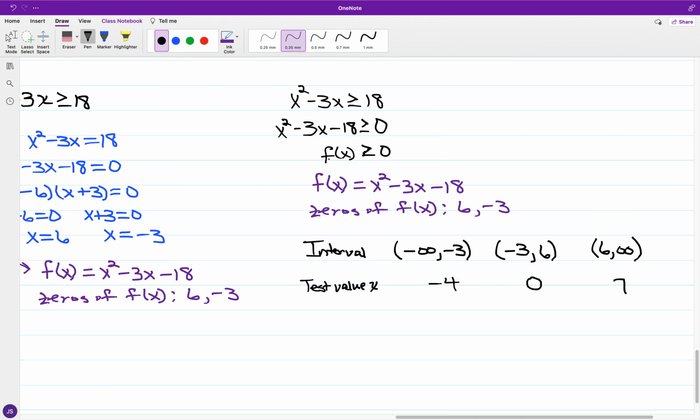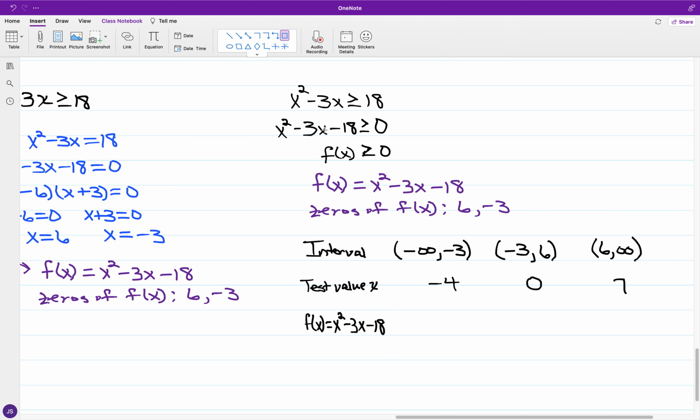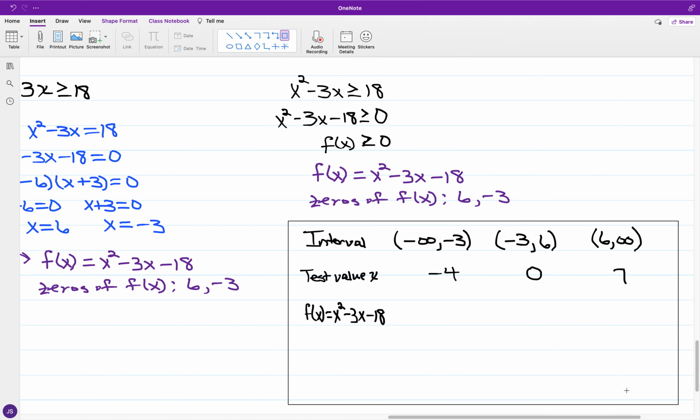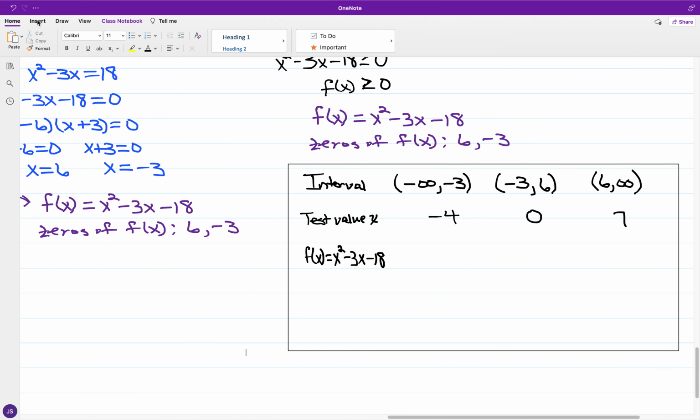And again, we have f of x equal to x squared minus 3x minus 18, determining the values of the outputs.